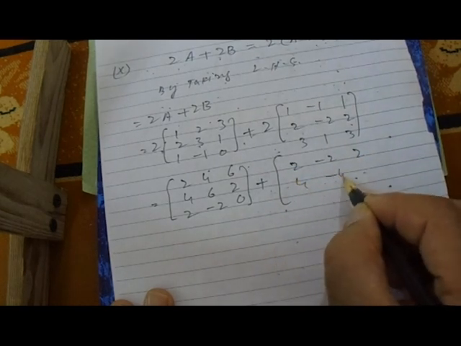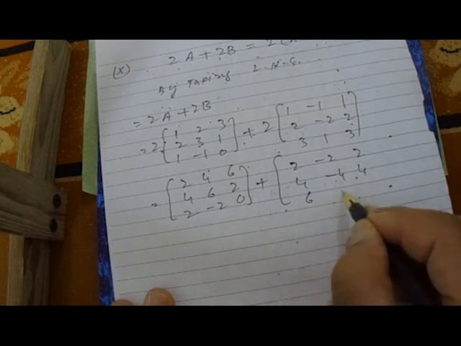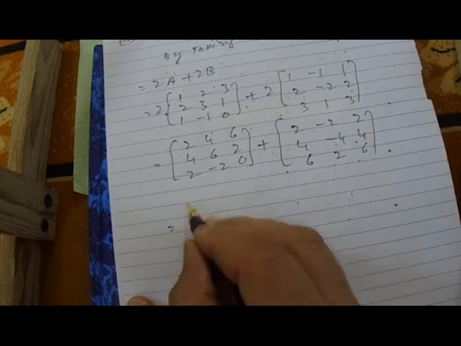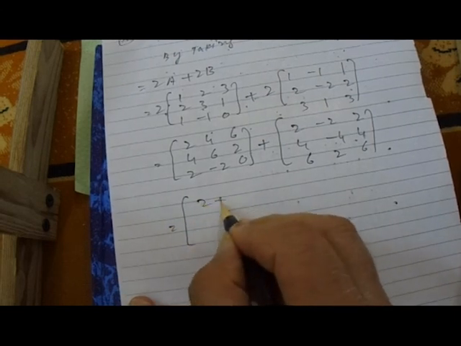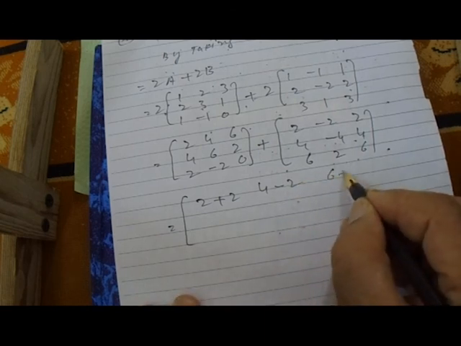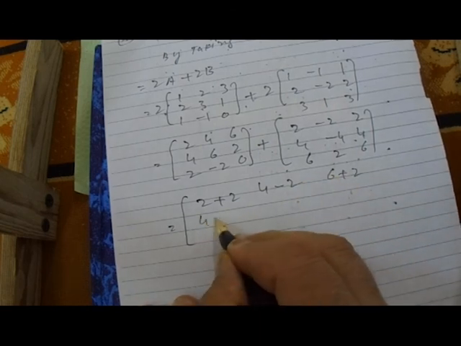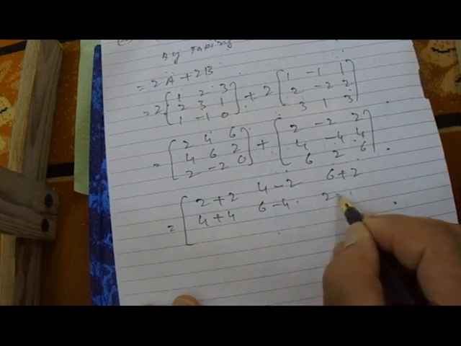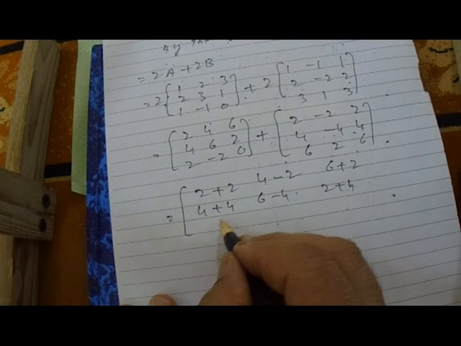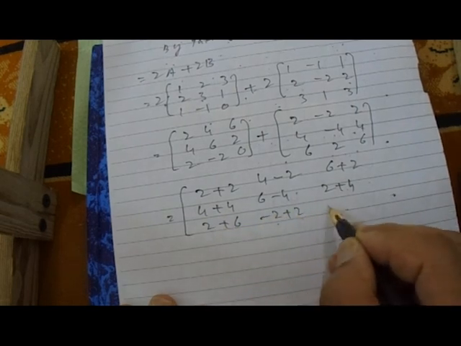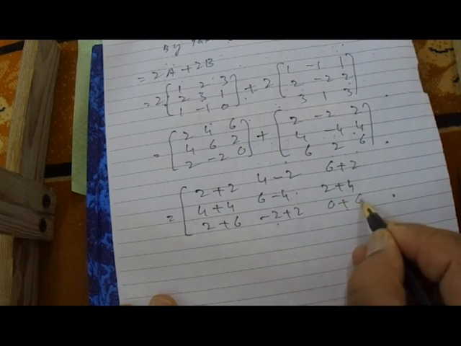4 minus 4 4, 6 2 6. Now we add this value matrix: 2 plus 2, 4 minus 2 and 6 plus 2, and 4 plus 4 and 6 minus 4 and 2 plus 4 and 2 plus 6, minus 2 plus 2 and 0 plus 6.